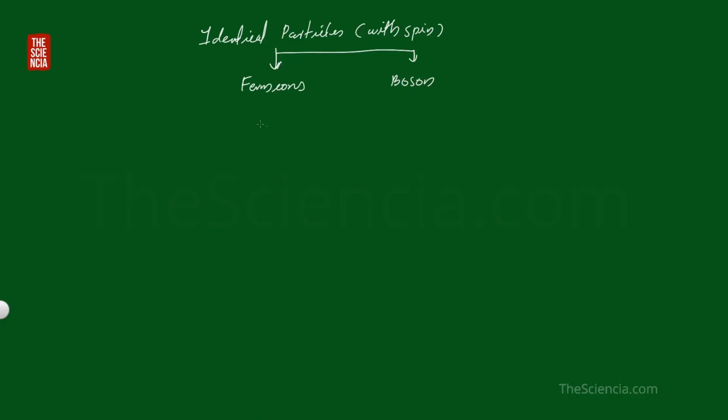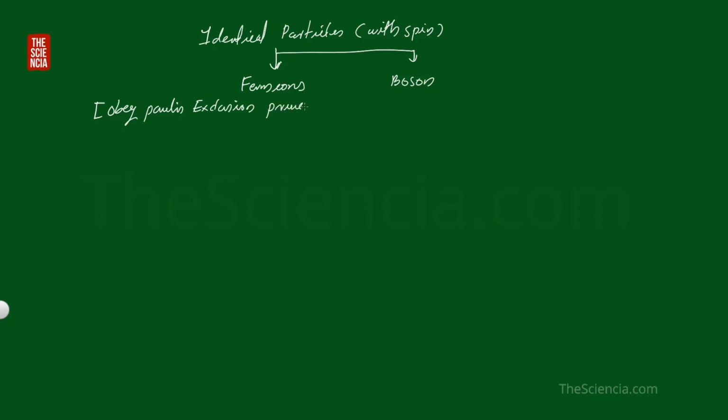Here we are discussing identical particles with spin, right? We know fermions are there and bosons are there. Both have spin, right? And we know the fermions obey Pauli's exclusion principle.